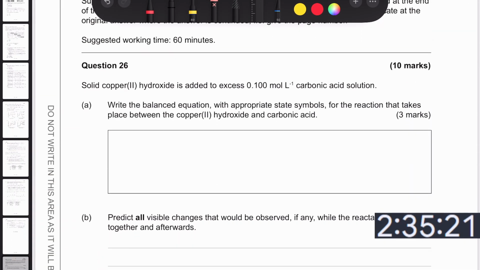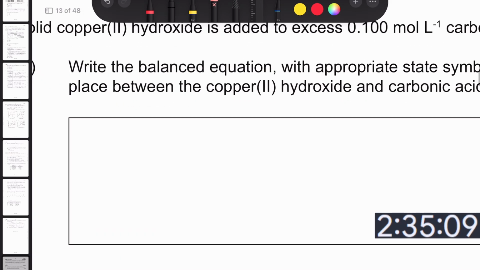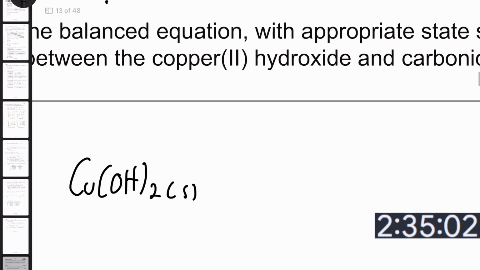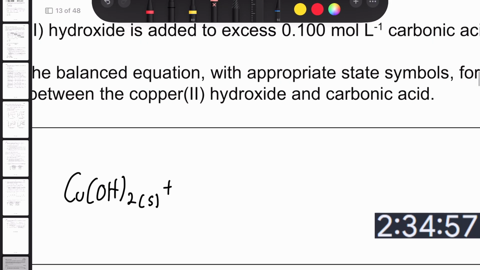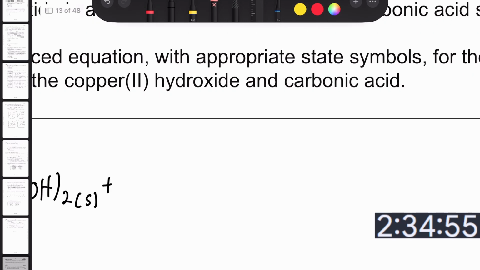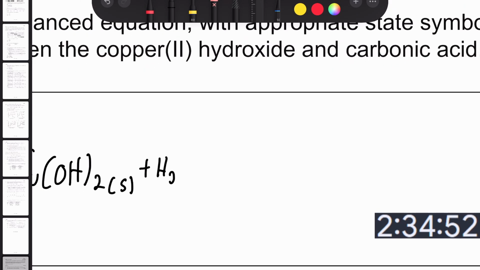So copper hydroxide is added to carbonic acid solution. Write a balanced equation with appropriate state symbols for the reaction between the copper hydroxide and carbonic acid. So I'm going to have Cu(OH)2, I'm assuming that's a solid, because it says solid, plus carbonic acid solution, H2CO3 aqueous.